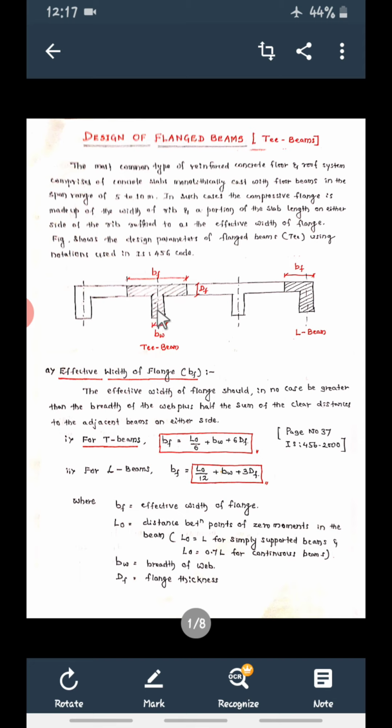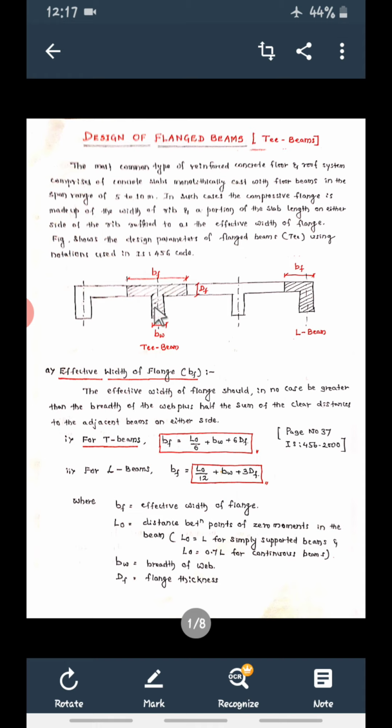Over this beam the slab is there, so half of this slab and half of this slab load will come to this beam. Half of this span plus half of this span will be the total width of flange, that is BF.